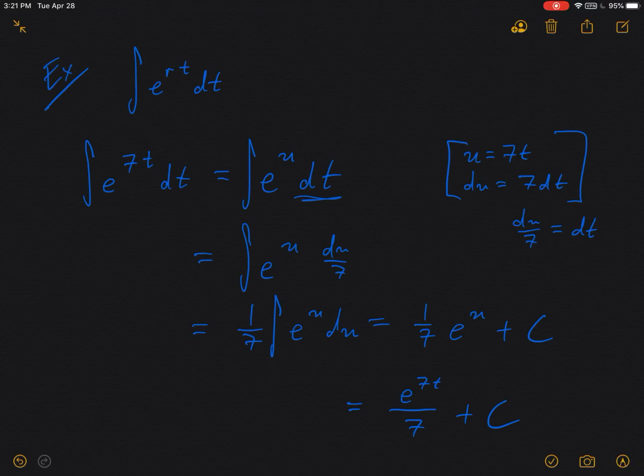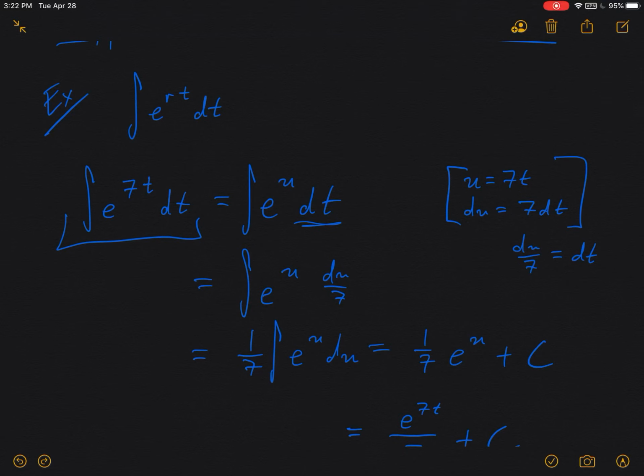The thing to notice here is that, ignoring all of the middle steps, what we started with was the integral of e to the 7t, and what we got as our antiderivative was e to the 7t divided by that 7. So when you have something like e to the rt and you're integrating it, pretend that r is a constant.